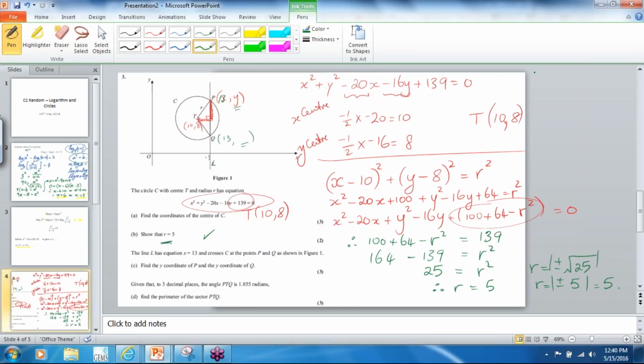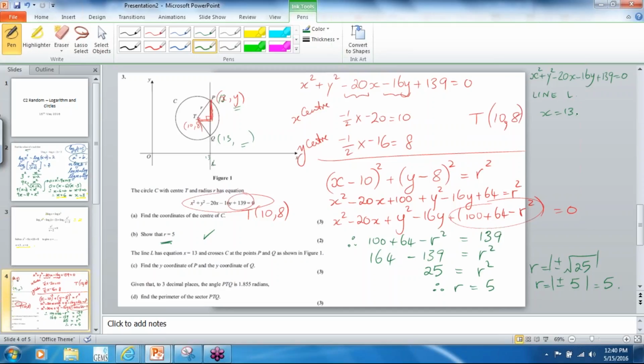Well, we know that our circle equation is this. Just rewrite it: x squared minus 20x plus y squared minus 16y plus 139 equals 0. And our equation of the line L is the x equals 13 line.